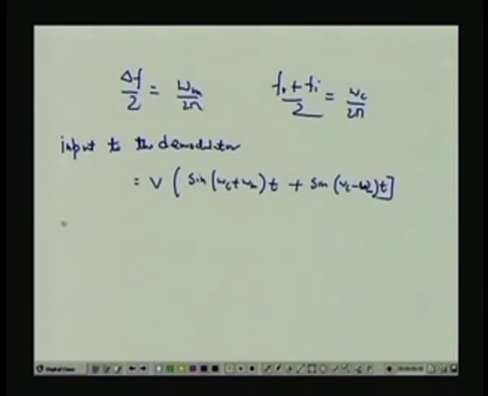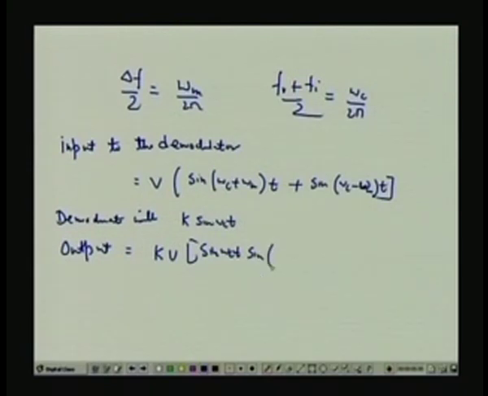If I demodulate with k sin omega ct, the output of the modulator will be kV sin omega ct sin omega c plus omega m into t plus sin omega ct into sin omega c minus omega m into t, right.